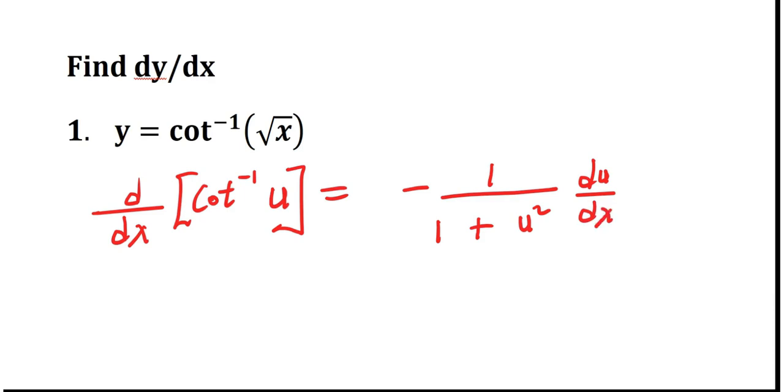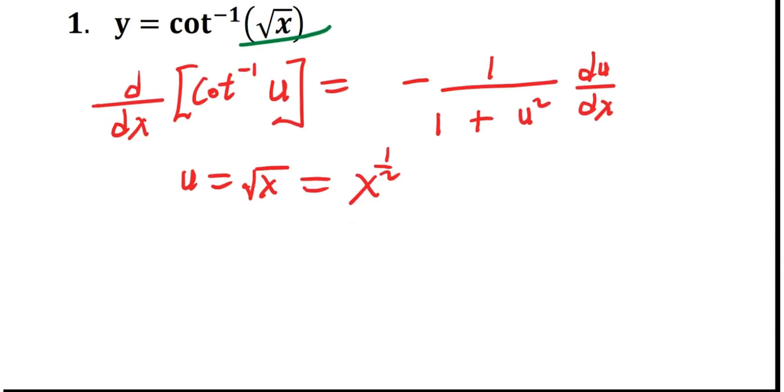Next, we identify the value of u. So u is simply root x. So u is equal to the square root of x, and the square root of x is also x to the power of 1/2.